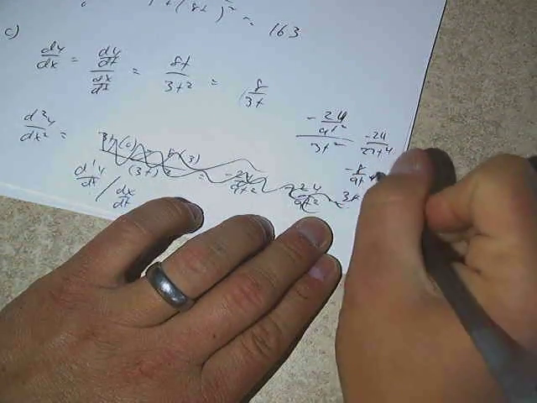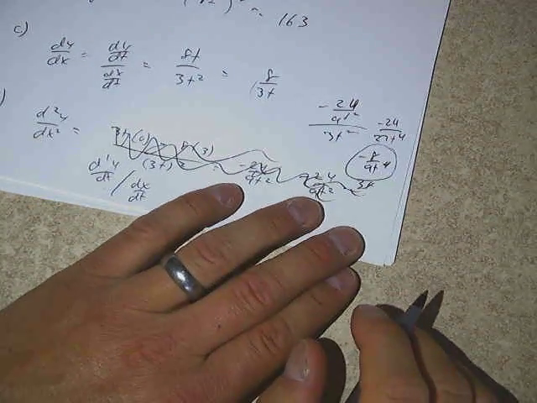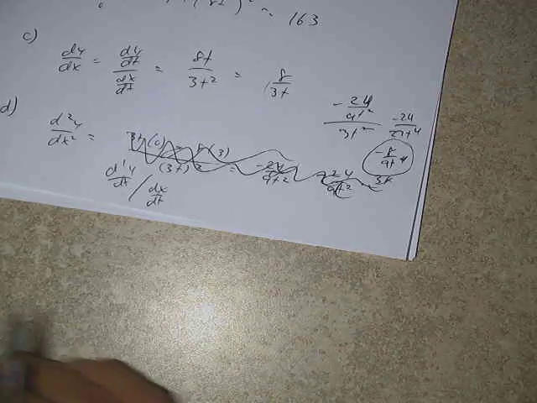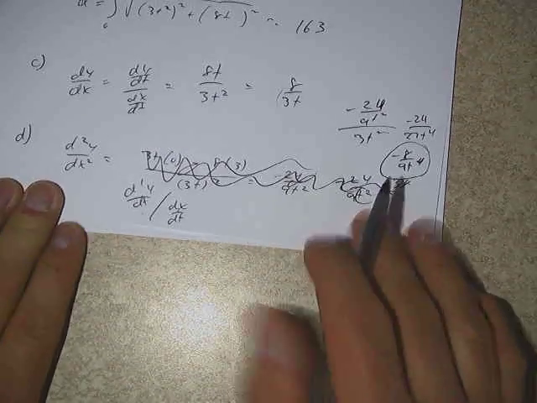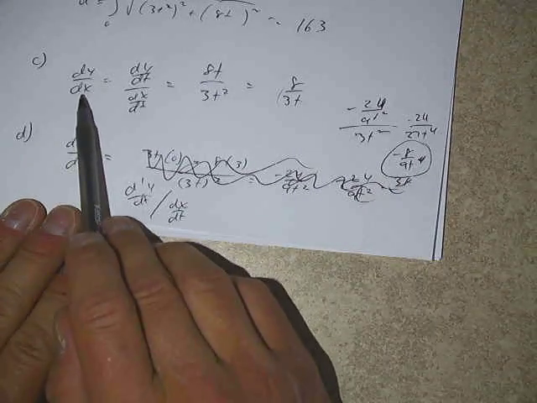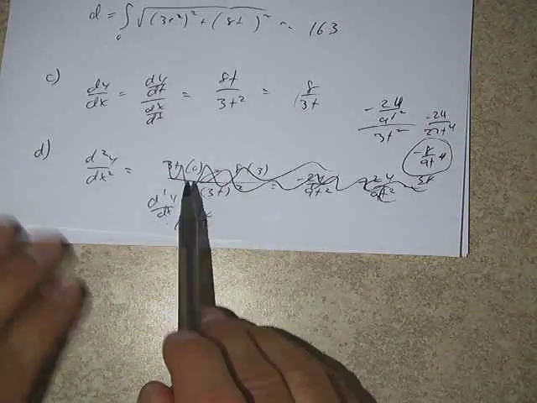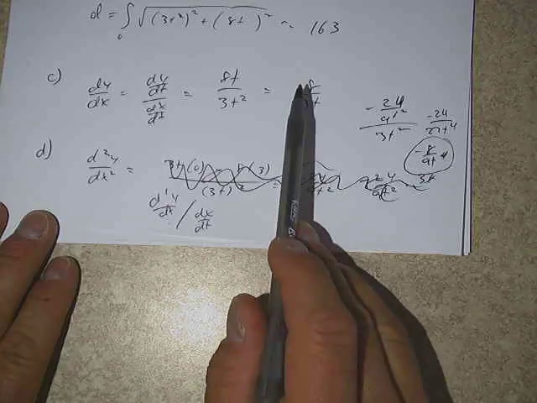These can be reduced, 24 and 27 become 8 and 9. Negative 8 over 9t to the fourth. There we go. I think that agrees. Yep, good.